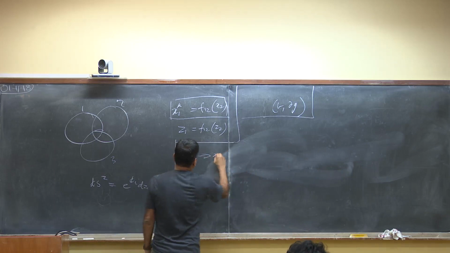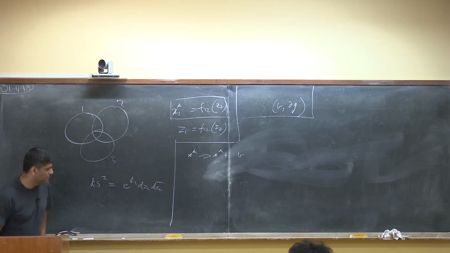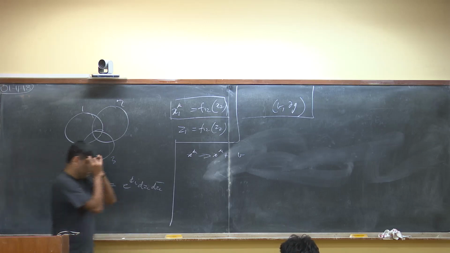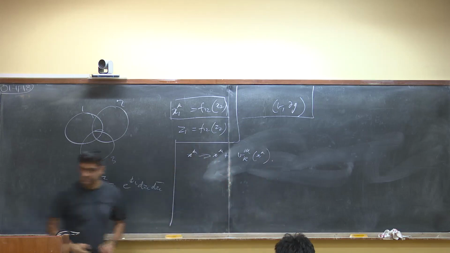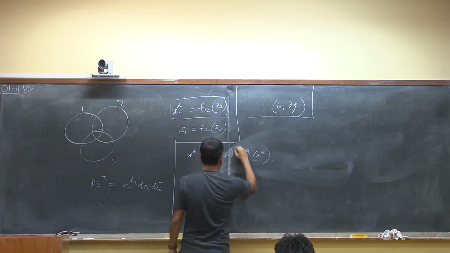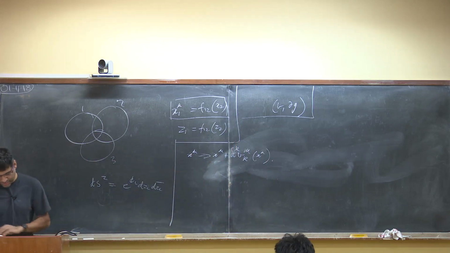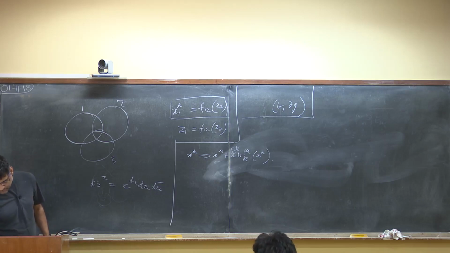It's simply x mu goes to x mu plus v, I'll use his notation. I suppose it's v mu k of x mu, delta t k.